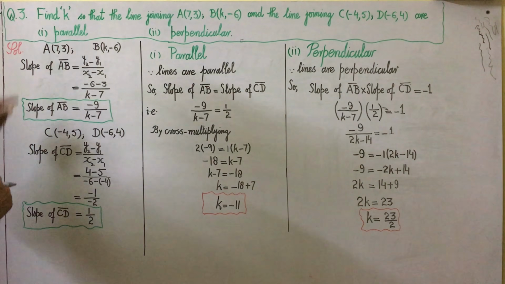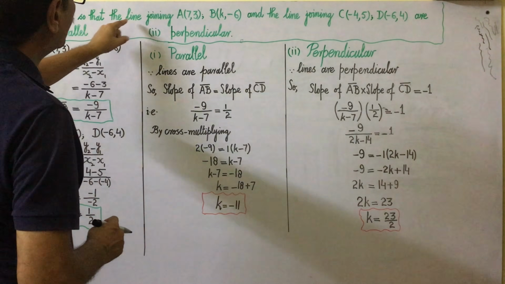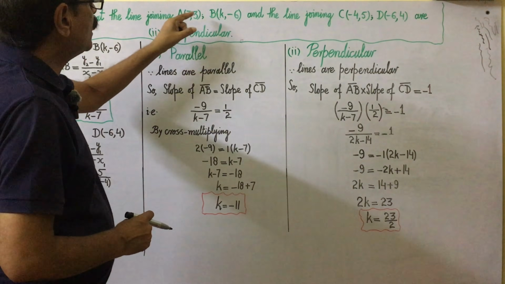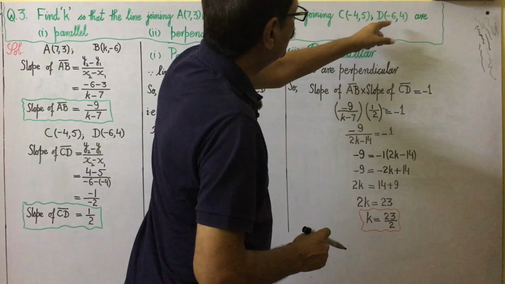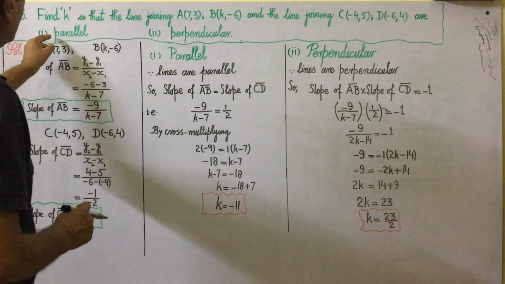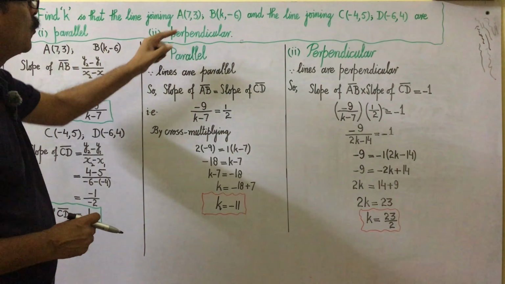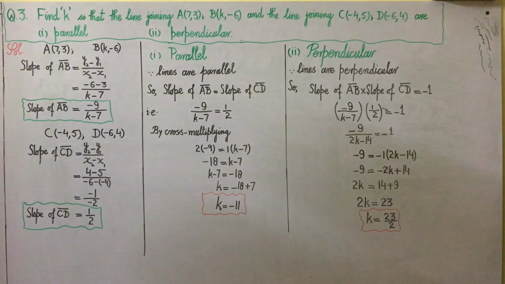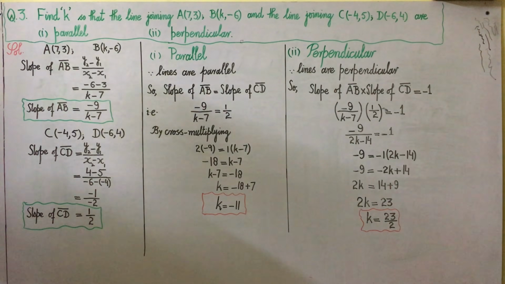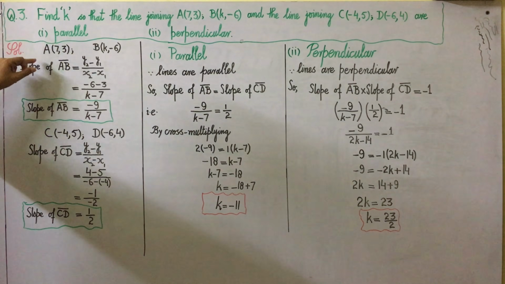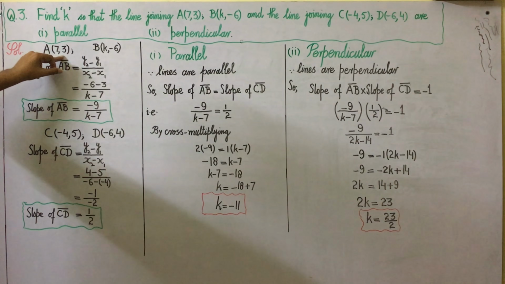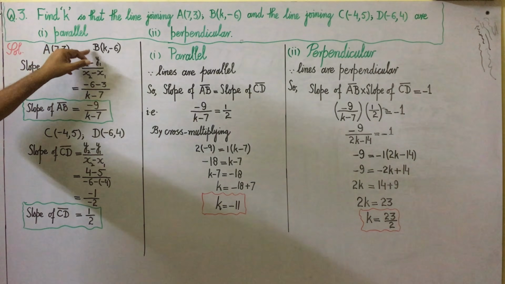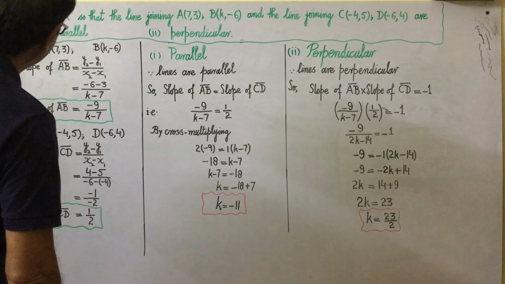Question 3. Find k so that the line joining AB and the line joining CD are number 1 parallel, number 2 perpendicular. Point A with coordinates 7 and 3, point B with coordinates k and -6.